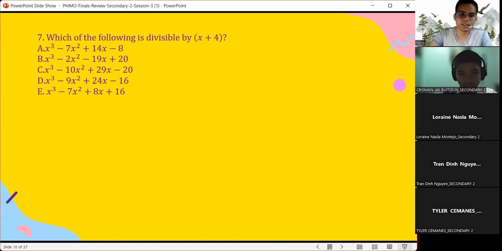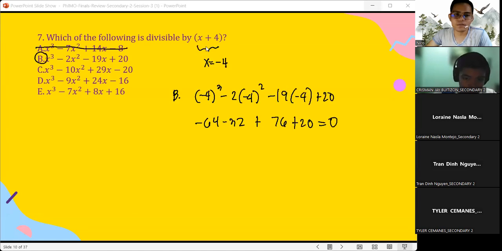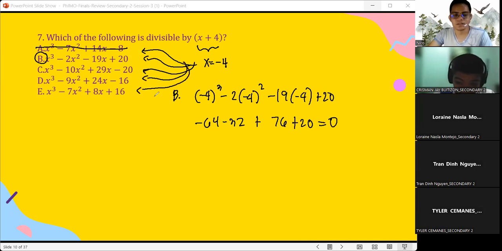So there's no other solution here, huh? You use the factor theorem, you'll get the value of x is negative 4. Then the negative 4 here, you use it for A, for B, for C, for D, and for E. So earlier when you tried it on A, it's wrong.